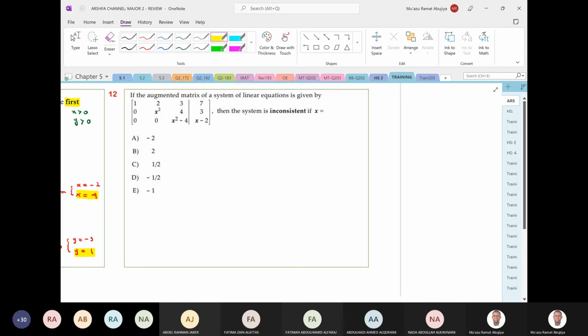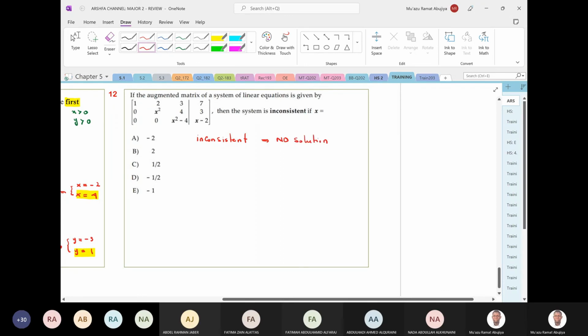Now let me spell out what we need. If we have an inconsistent system, it means no solution.